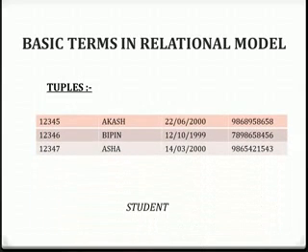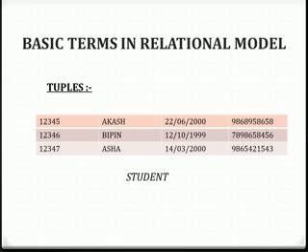Now the next term is tuples. What was an attribute? An attribute was the name of the column. The column of the relation was called an attribute. Here it is different: a tuple is a row of that particular relation student.